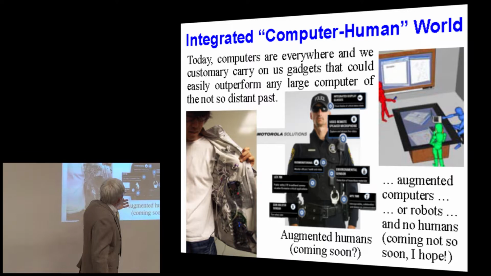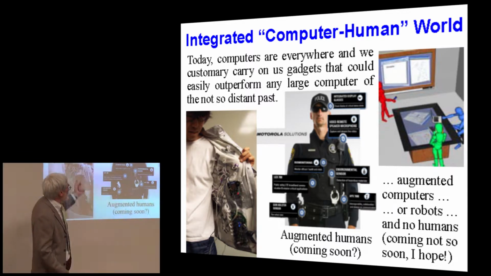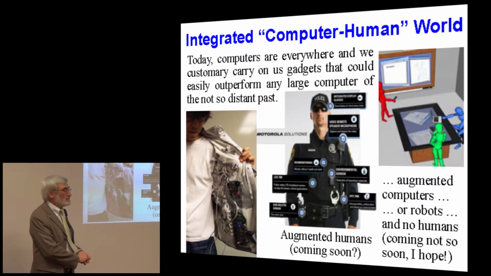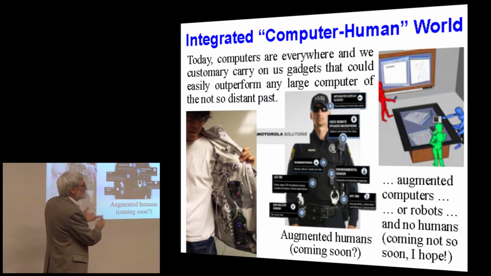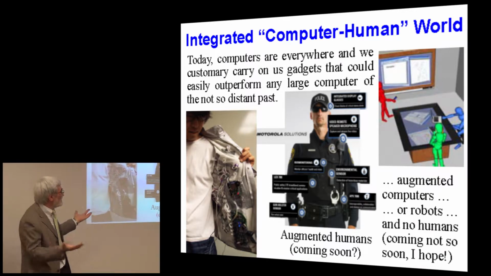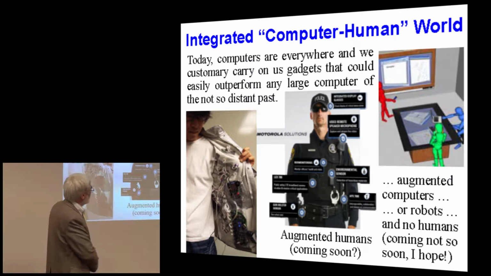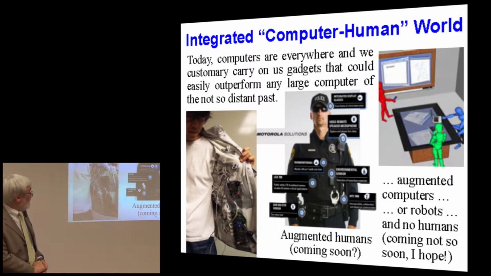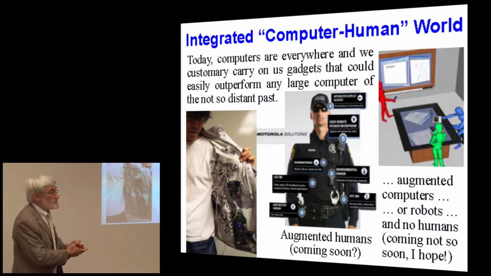And this is a solution provided by Motorola. We just don't know it, we don't see it. Military, I guess they are very well equipped. So we're talking about augmented humans. Coming soon or already there, we just don't know.